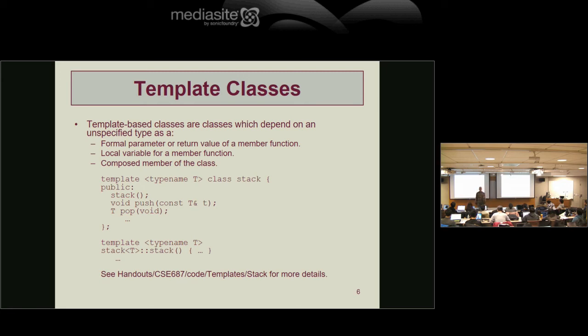Some of them have an angle bracket T and some don't. How do I know which to use? And the answer is, if stack is used as a type, you must include angle bracket T. If it's used as a function, as in the constructor call, you don't. In fact, you shouldn't, because it won't compile if you do. Because this is not the template type, this is just a function.